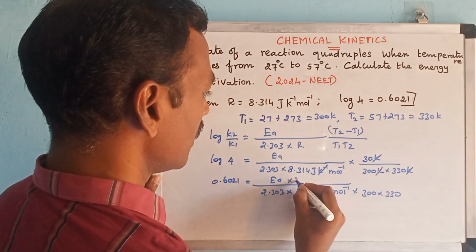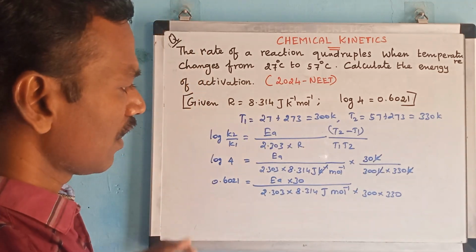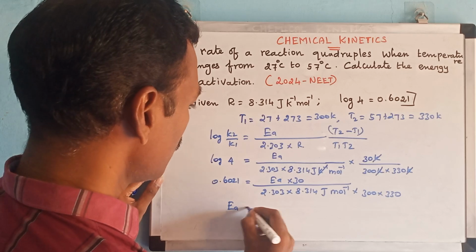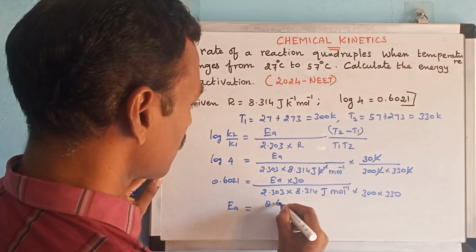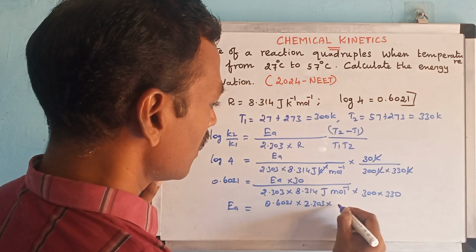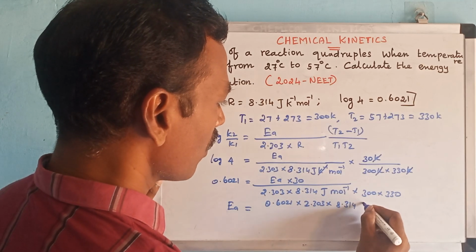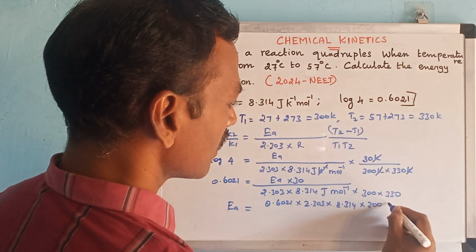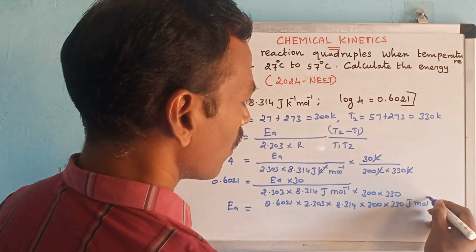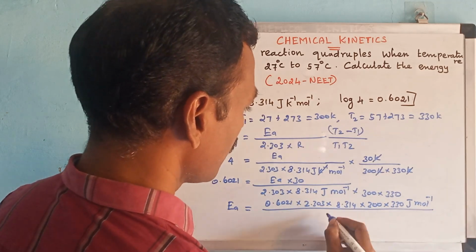Here 30, right? Now this equation can be written like this: EA equal to 0.6021 into 2.303 into 8.314 into 300 into 330 joule per mole divided by 30.